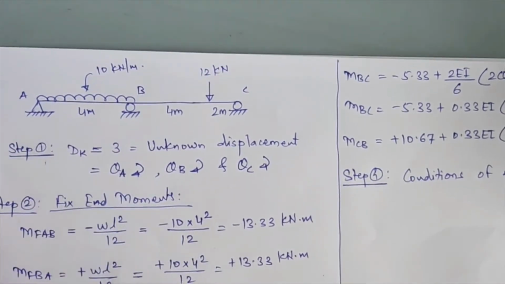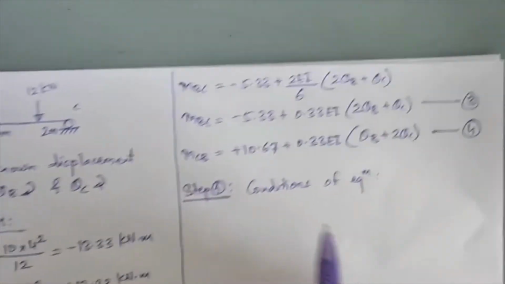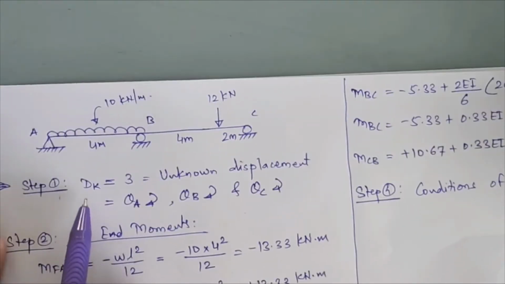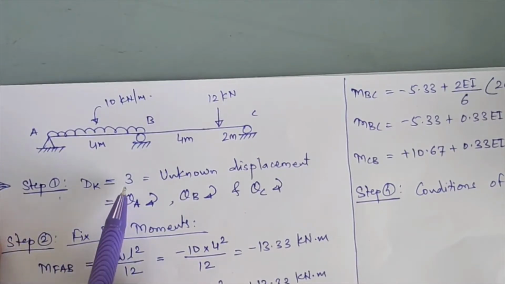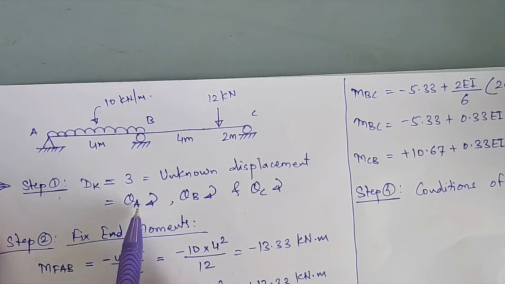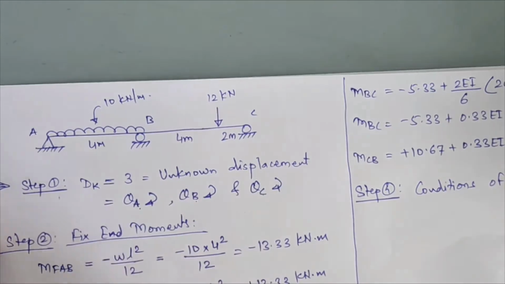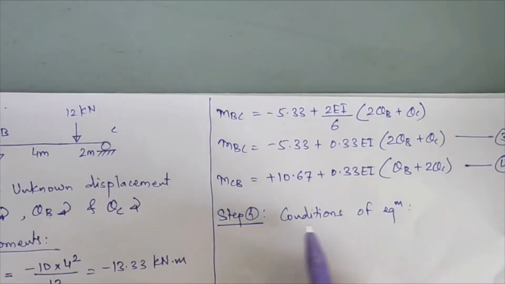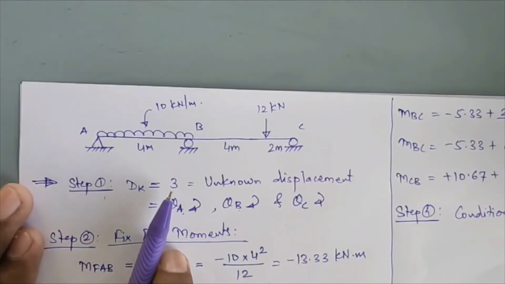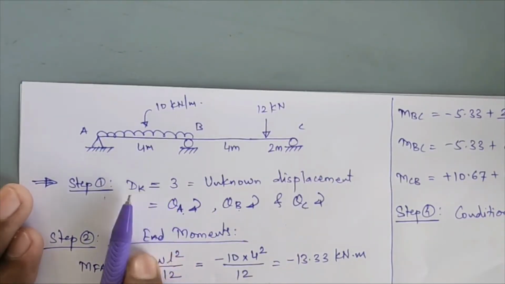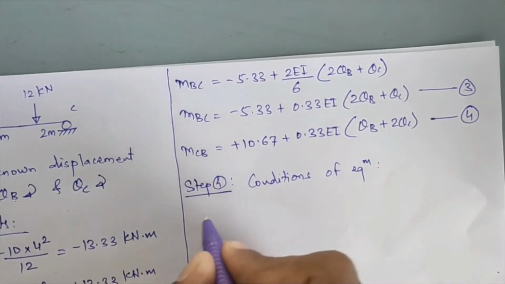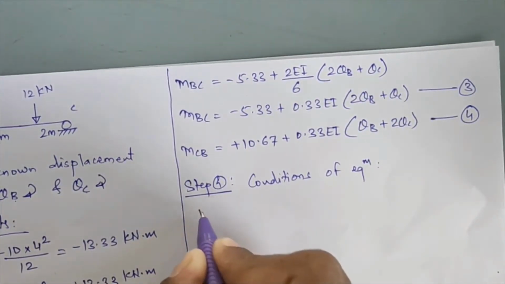So I have told you in the last lecture that the conditions of equilibrium will be equal to the number of DOF. That is, if we have a DOF value equal to 3, that means to solve for the values of theta A, theta B and theta C, you will require 3 equations. So the number of equations, that is condition of equilibrium equations, shall be equal to 3, which is your DOF value.